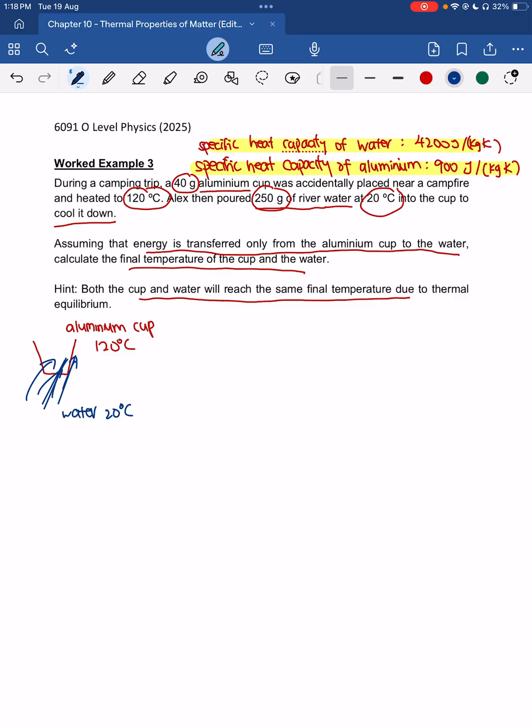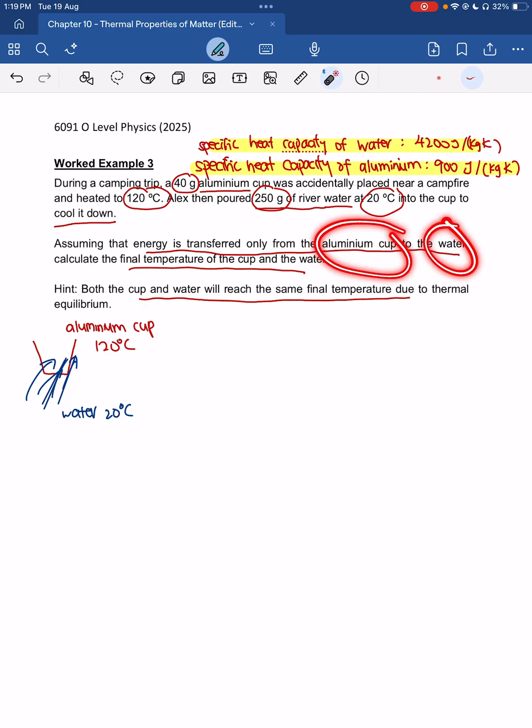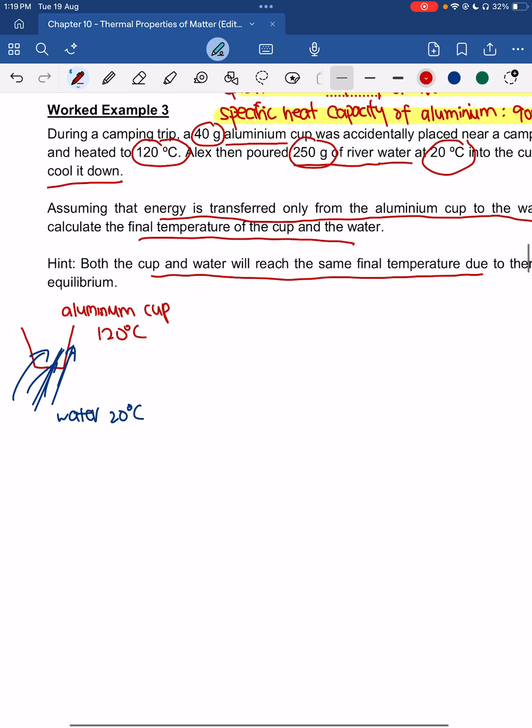So what's going to happen between these two materials, one hotter, one cooler? When there's a temperature difference, a net energy transfer is going to take place. Since the energy is only transferred between the cup and water, we don't need to care about energy going into the surroundings. We can ignore this. In terms of visualizing how the energy flows, it will have to flow from aluminium cup all the way into water.